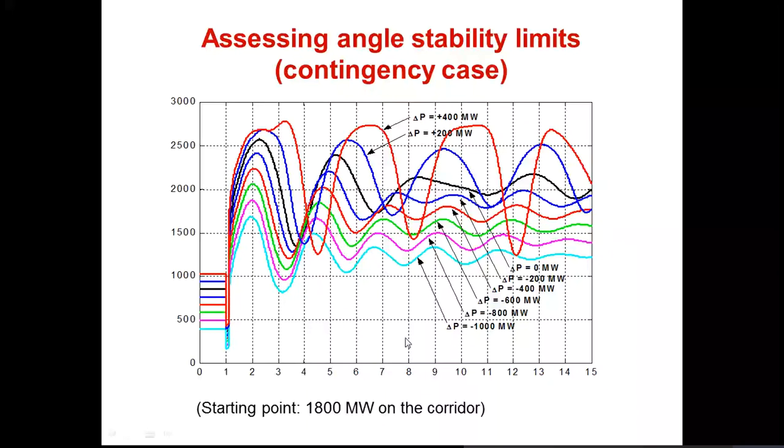So that is the stability limit. That could be the amount of power flow which corresponds to the stability limit from the base case here.